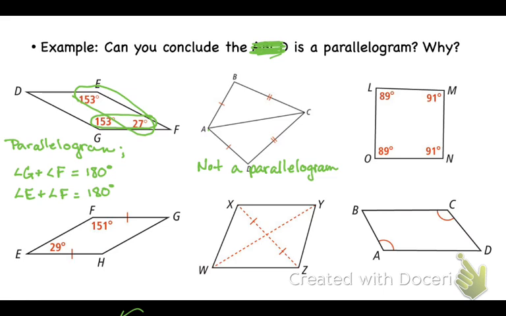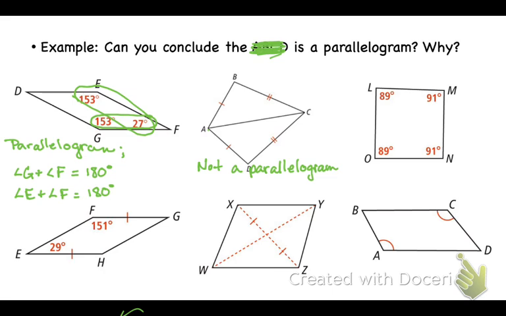What do they have to be? I wonder where you could find that information. It's on the top of the page. Consecutive angles are what? You have angle A and angle B, angle A and D, B and C. Supplementary. Okay. That's equal to 180.